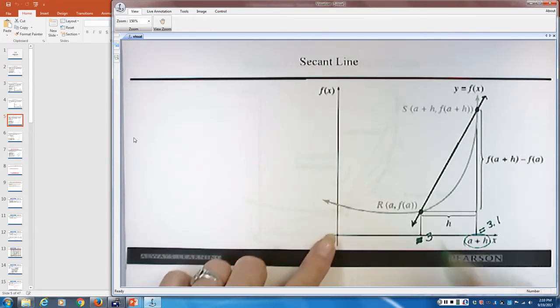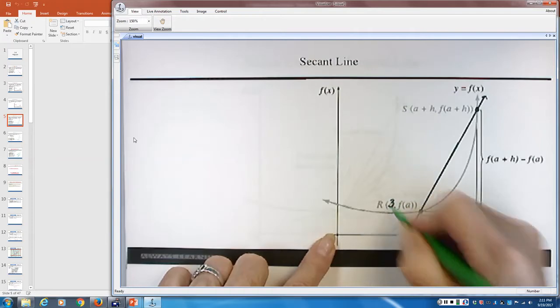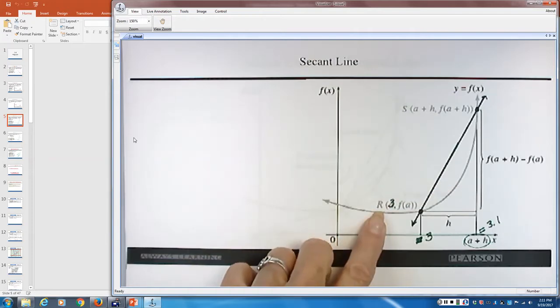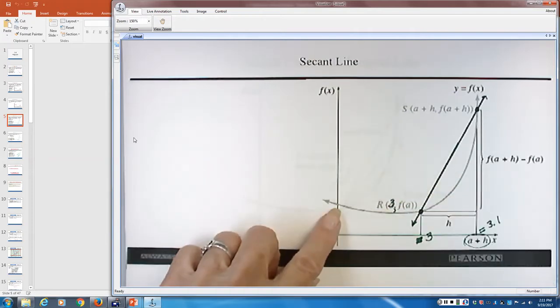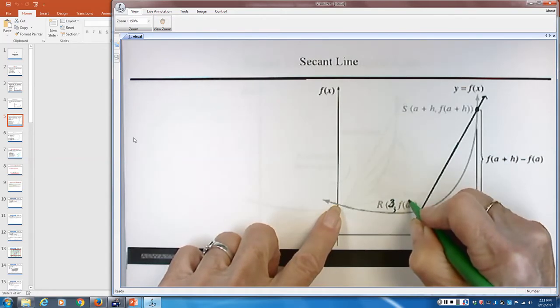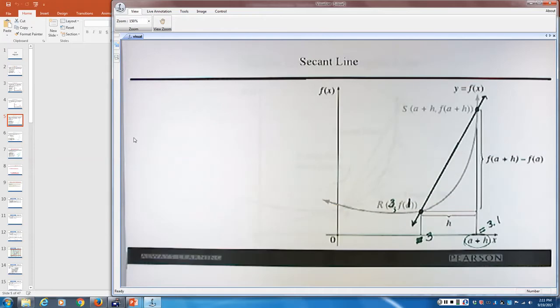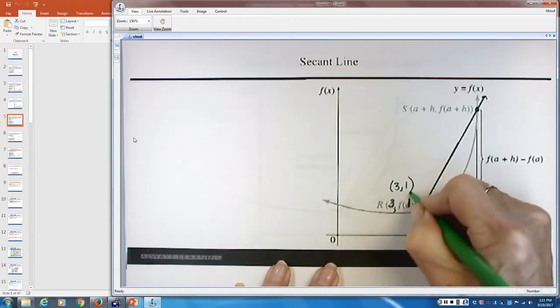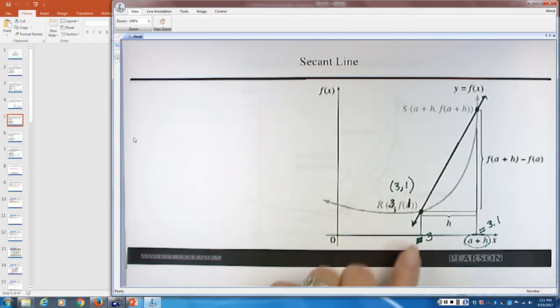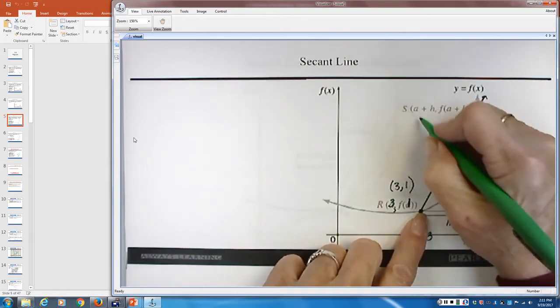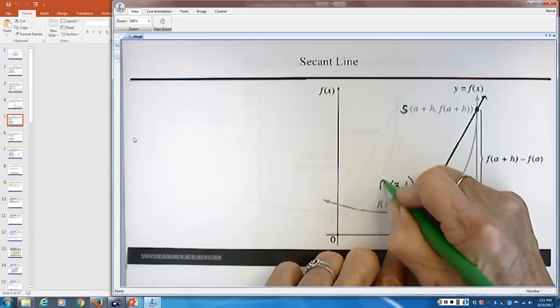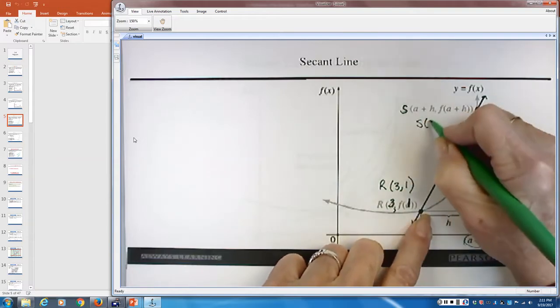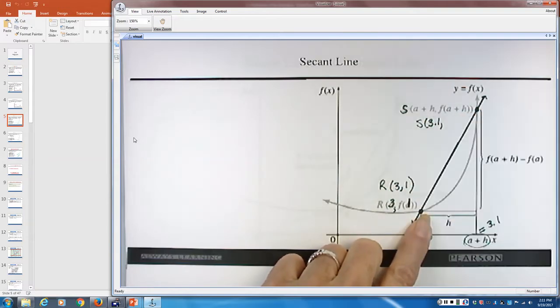So in this case, let's say the point R is 3, comma, maybe 1. So f of A is 1. And then we're going to go to 3.1, so the coordinates of S, because this is R, is 3.1.